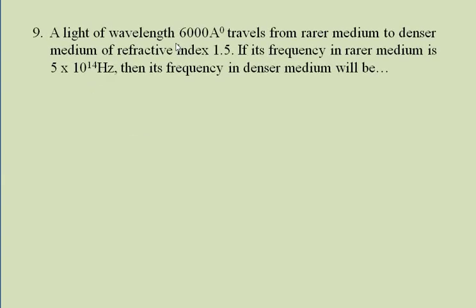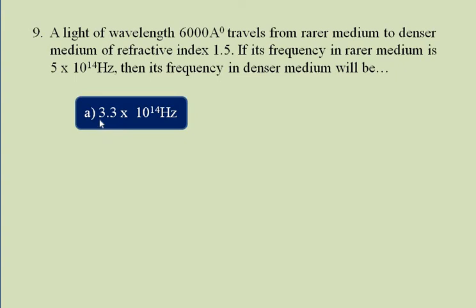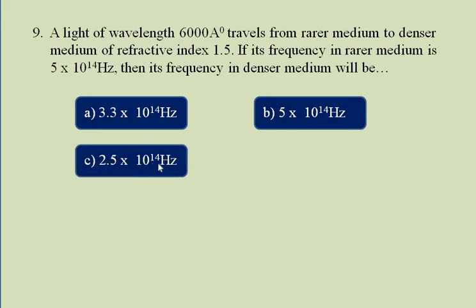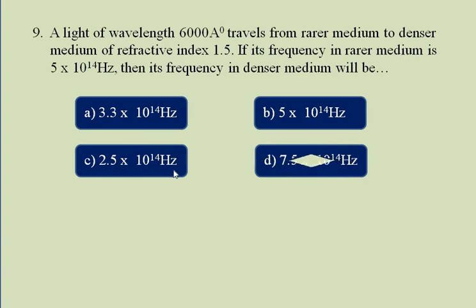A light of wavelength 6000 angstrom unit travels from rarer medium to denser medium of refractive index 1.5. If its frequency in rarer medium is 5 into 10 raised to 14 Hz, then its frequency in denser medium will be: option A 3.3 into 10 raised to 14 Hz, option B 5 into 10 raised to 14 Hz, option C 2.5 into 10 raised to 14 Hz, option D 7.5 into 10 raised to 14 Hz.